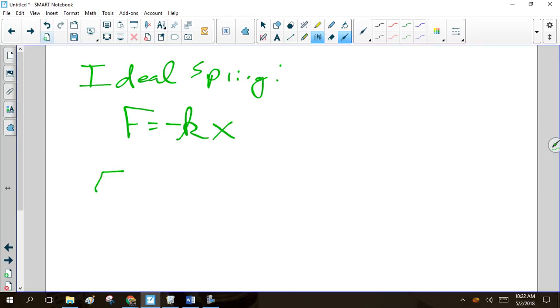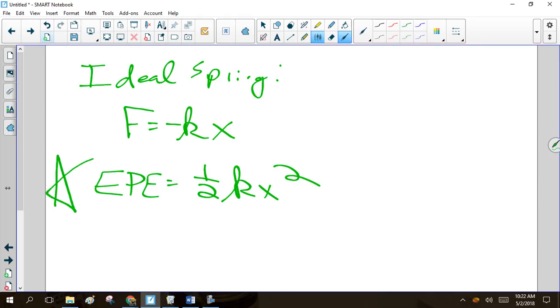And we know that the potential energy stored in that spring is 1/2 kx squared, right? For one awesomeness point, does anybody remember how we got this equation? By taking the integral of our force with respect to x. Follow?